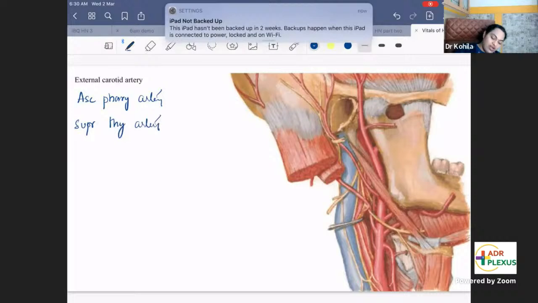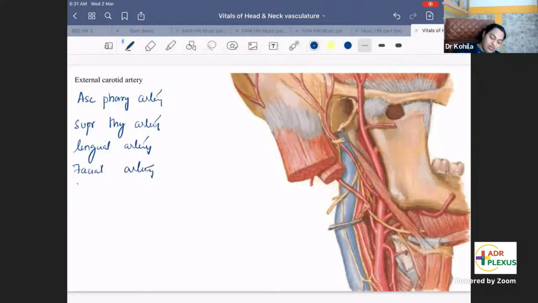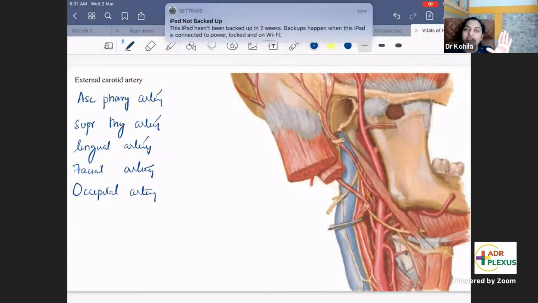Above the superior thyroid artery will be the lingual artery. Above the lingual artery, facial artery. Opposite the facial artery will be the occipital artery. Okay, please make a note of it. These are the 5 branches that you get to see in the carotid triangle.